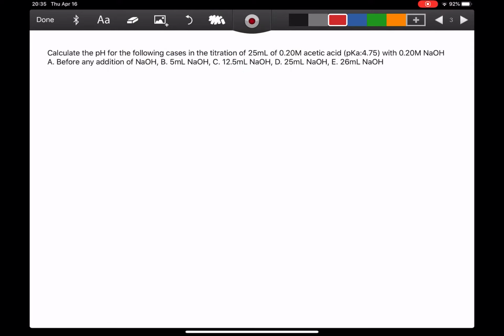Okay, so C. Now we're adding 12.5 milliliters of sodium hydroxide to it. So first let's find out the number of millimoles that is. So we got 12.5 milliliters times 0.2 molar, which is going to be equal to 2.5 millimoles of sodium hydroxide, which will lead to the production of acetate, 1-to-1 ratio.